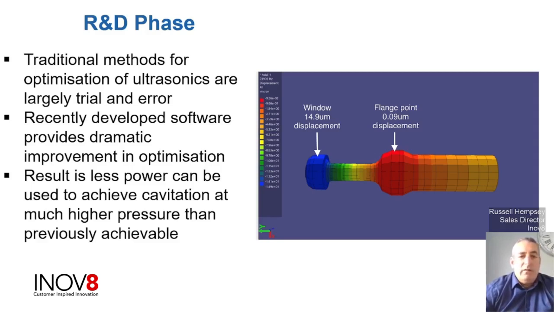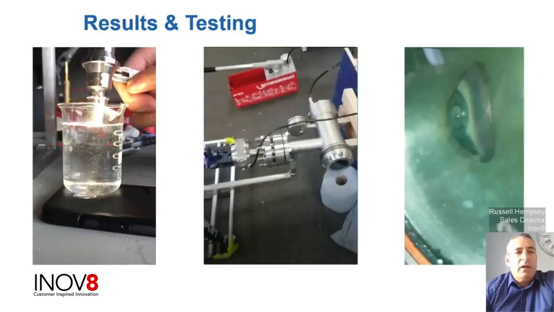And you can see here this screen capture of the transducer simulation, and that's how we model the ultrasonics to be optimized at the end of the transducer right here. So this software has allowed us to develop and manufacture a transducer that's highly efficient, uses less power, and can produce cavitation at 35 bar.